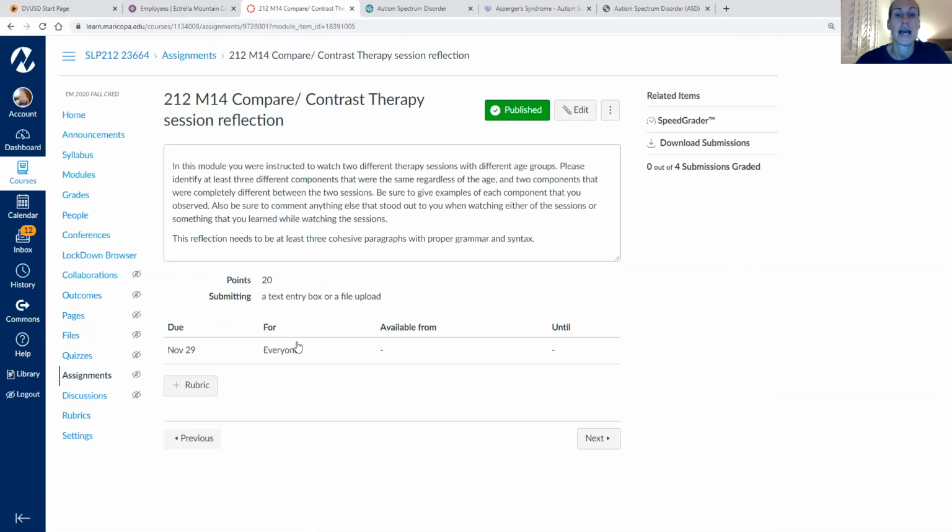So really what I'm looking at is, did you notice some of the differences, or did you notice some things that are similar? And be sure that you're giving evidence-based examples of what you watched in the session. Now, I'm not expecting you guys to be SLPs and diagnose or any of that.